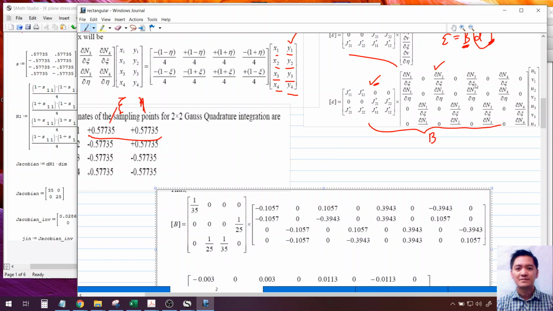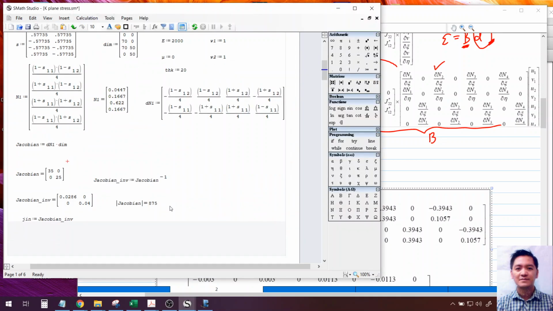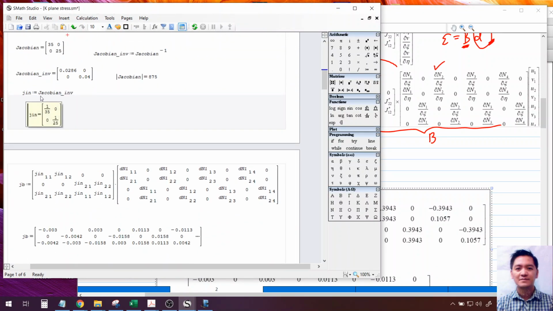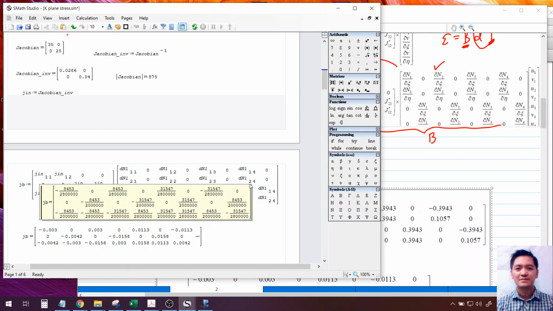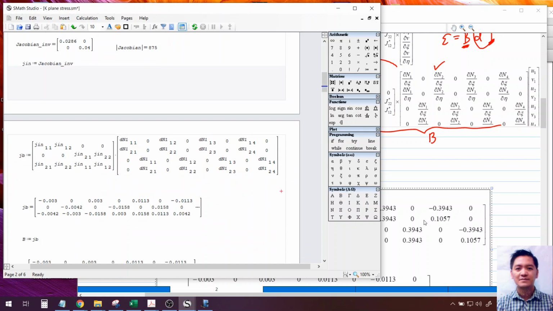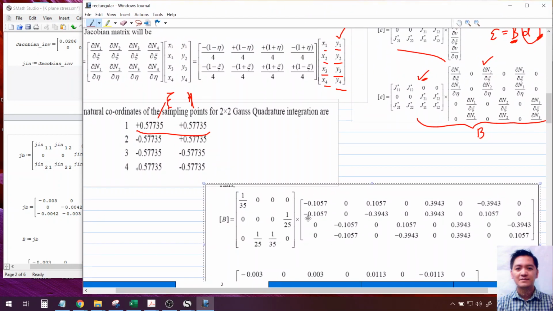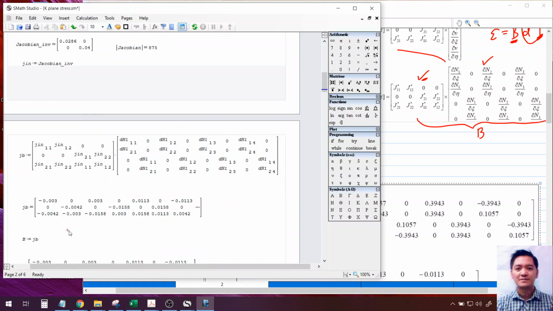Then, multiply that with this matrix. Nasan yung SMATH implementation niya? Ito. Ginawa ko lang siyang ano. Ito yung SMATH implementation niya of this. Parang, ito yung gene matrix, no? Then, pinangalanan ko itong JB muna. Jacobian inverse.